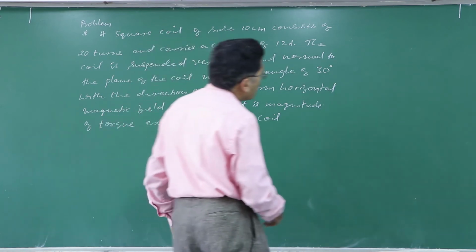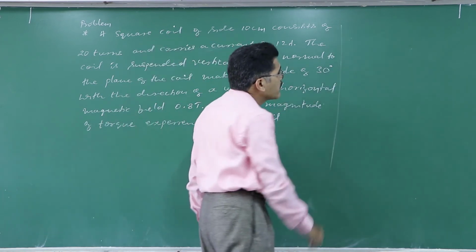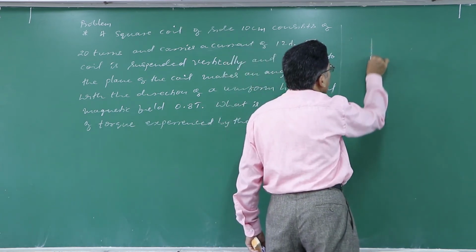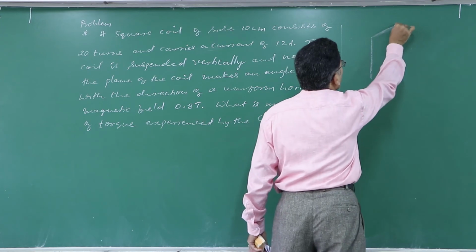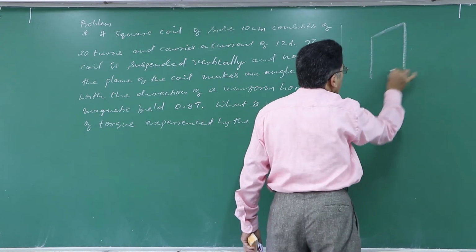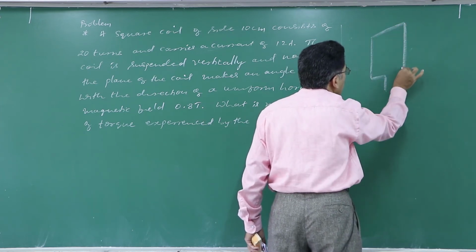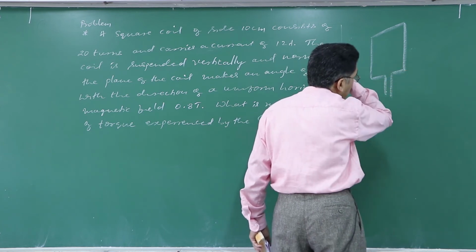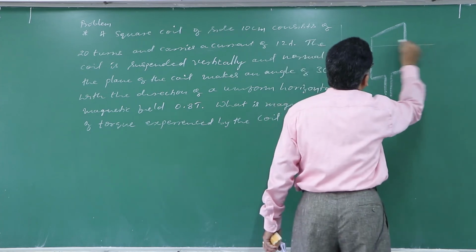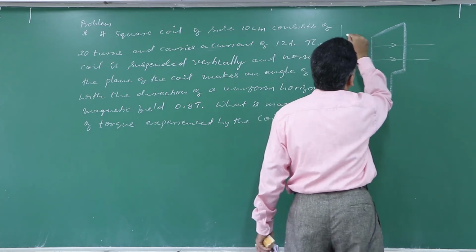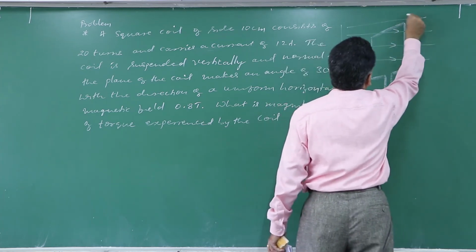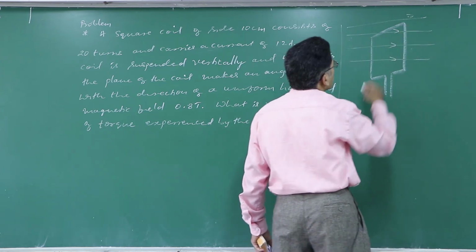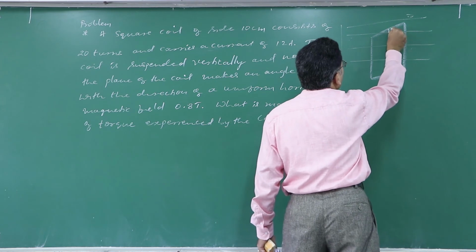Okay, to understand that, see in this case we have the plane of the coil. It is making a certain angle. See, this is the coil. This is the direction of magnetic field. Say this angle they have given as theta.